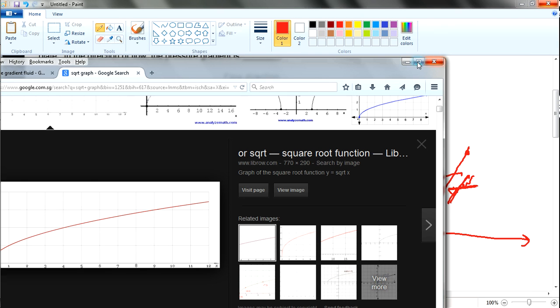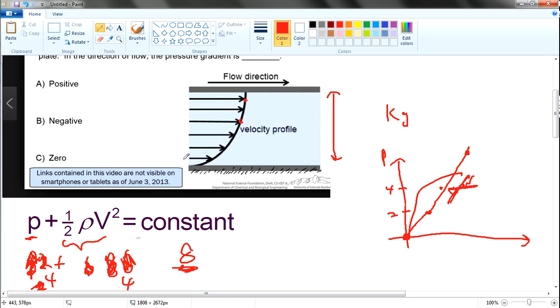So yeah, later in the later videos, we'll talk about why this velocity profile is associated with a negative gradient. The reason why is because we are talking about the distance y. When the y-axis increases up to this point, the velocity increases, right?